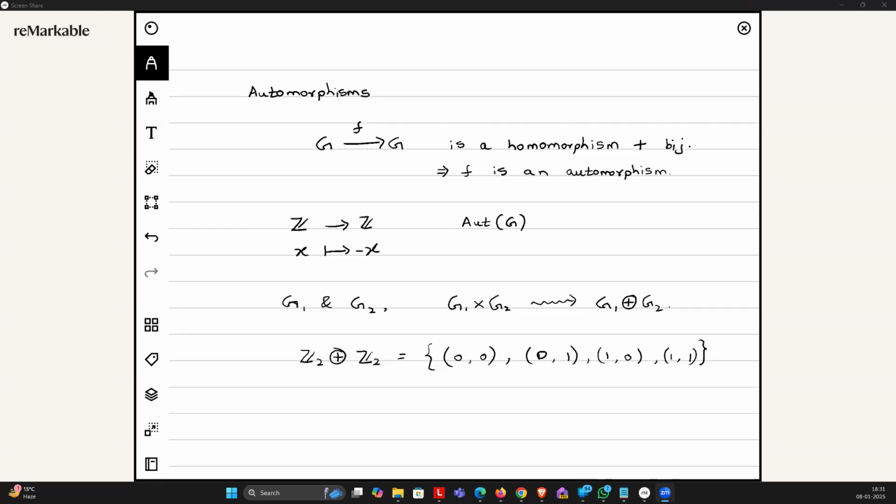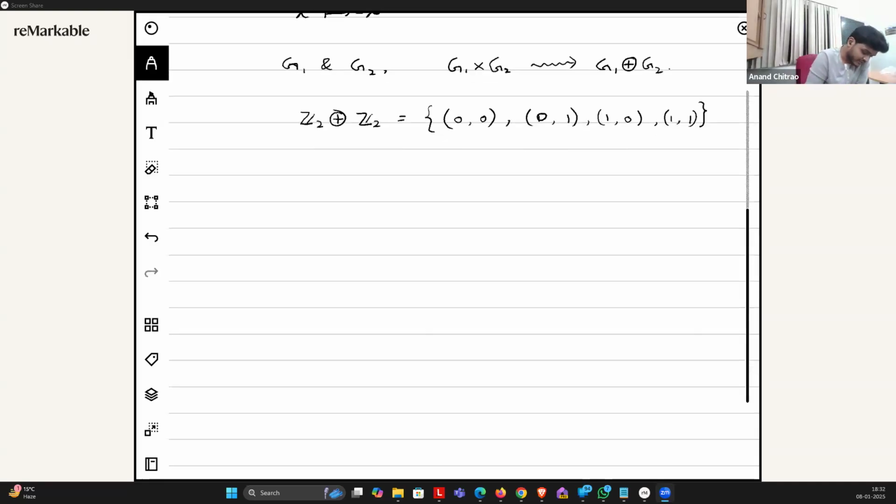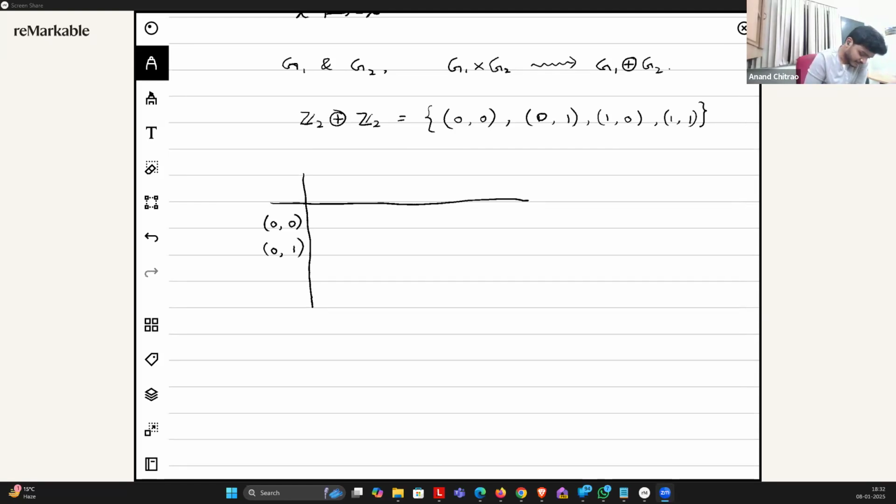Now let us write down the operation table of this.